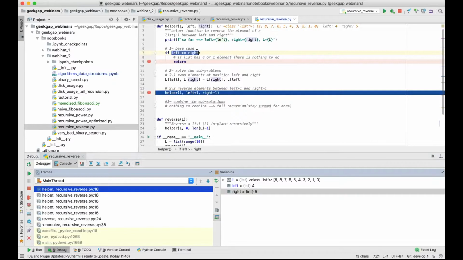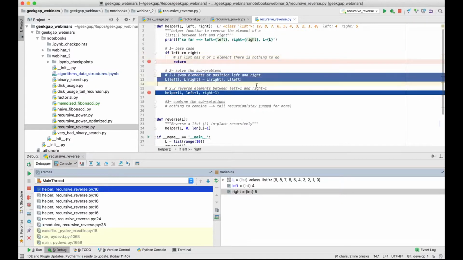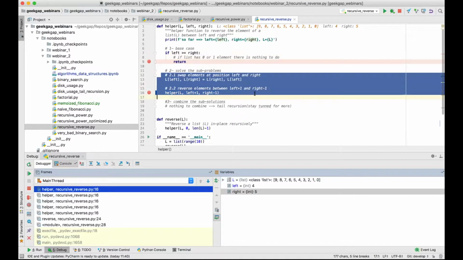Here, the base case is when left is bigger than or equal to right. If left is equal to right, it means that it's an array of size 1. If left is greater than right, it means that it's an array of size 0. So our base case here will prevent us from continuing the recursion when we hit it.